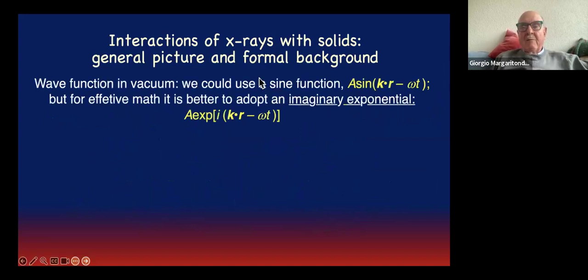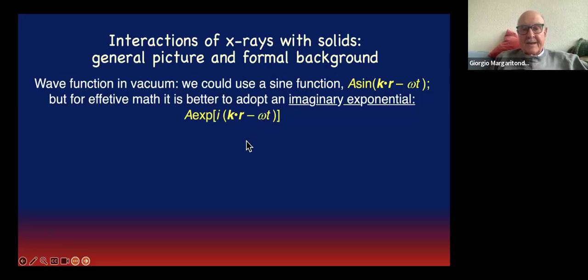Let's take a wave function in vacuum. We can propose a sine function like this, but actually from the point of view of mathematics, it is more effective, instead of using a sine function, to use an imaginary exponential like this, with an imaginary exponent.